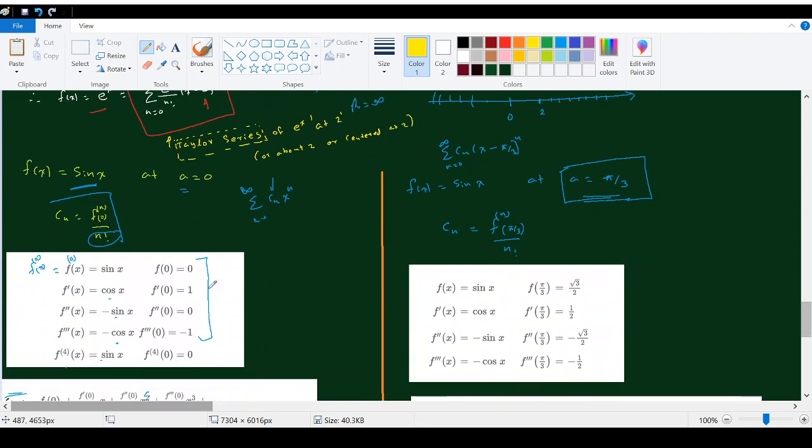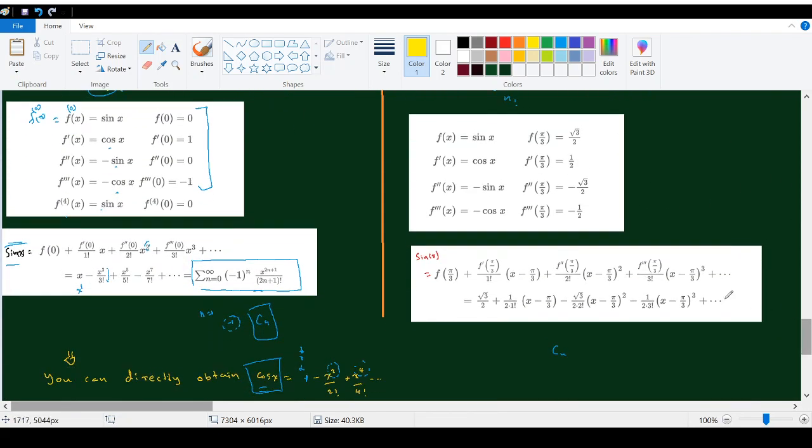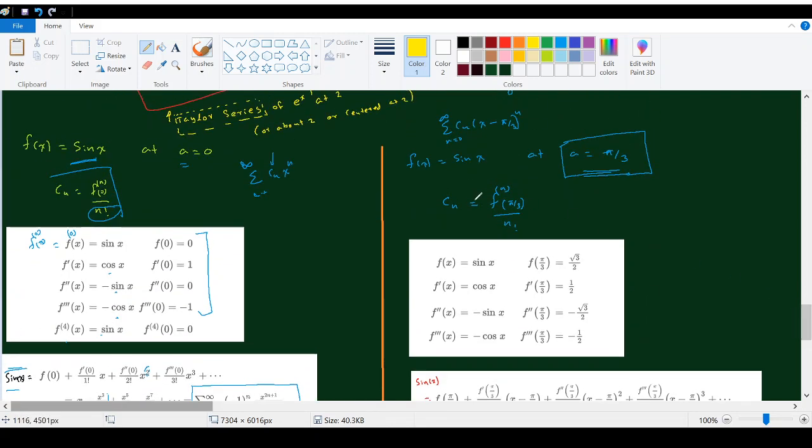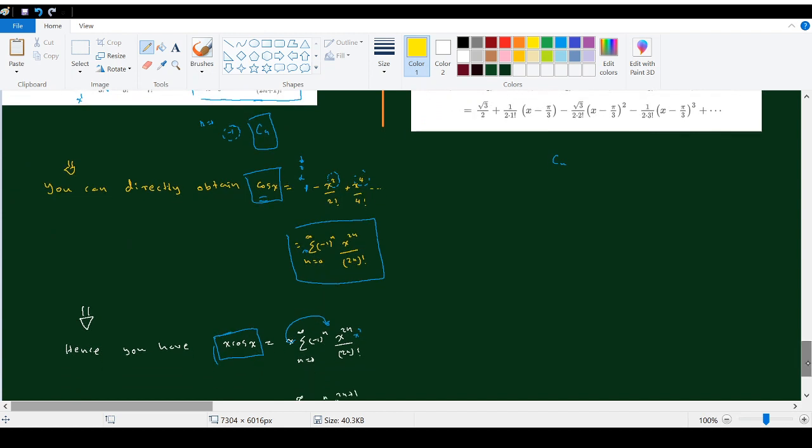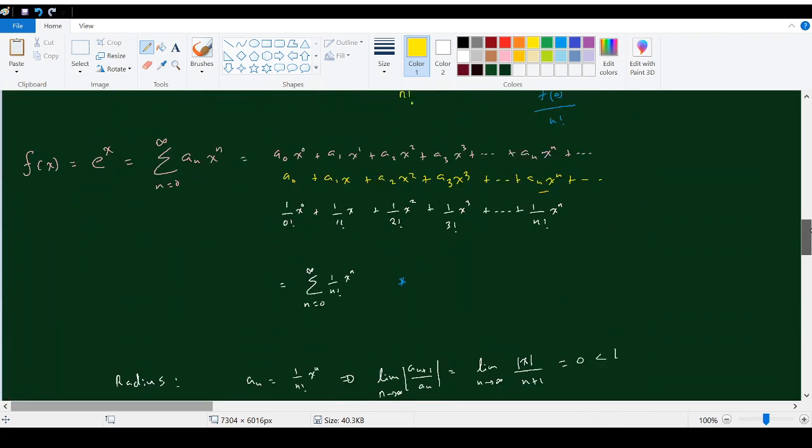For example, this one is the Taylor series of sin x at 0, and this is the Taylor series of, we didn't write down a specific sigma notation, but you can generally say that this is the Taylor series of sin x centered at pi over 3, and this is the Taylor series of cosine x centered at 0, and this is the Taylor series of x cos x centered at 0. Likewise, you can use this name Taylor series.